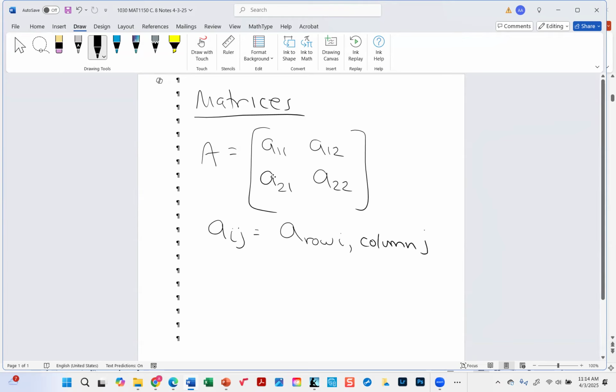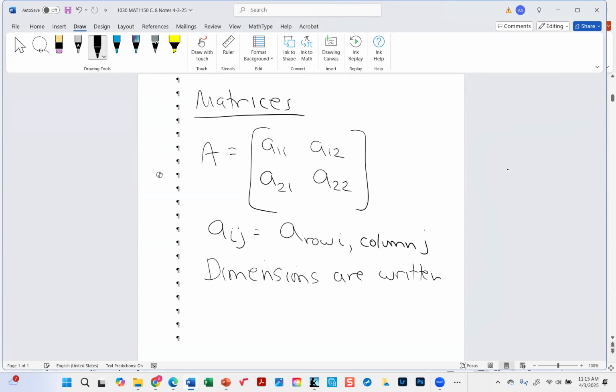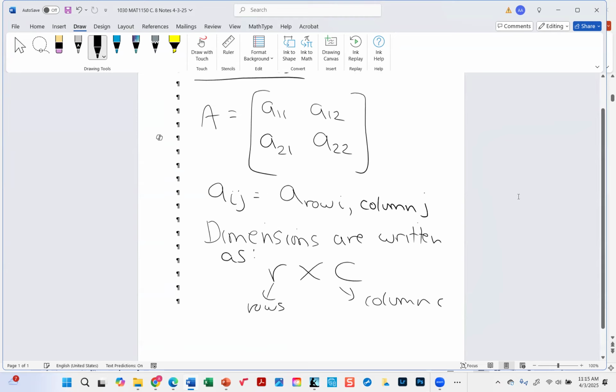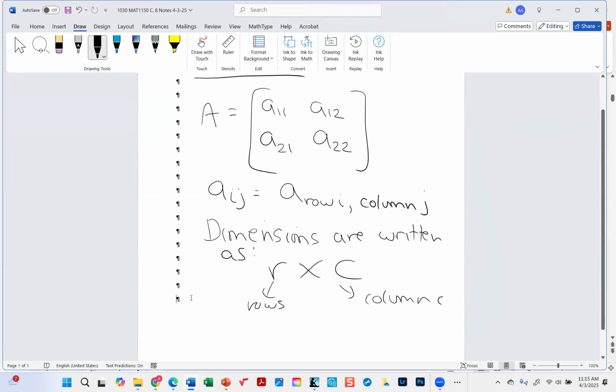So for example, this one in the bottom left-hand corner, A21, means that that's the second row and the first column. This one up here means the first row and the second column. The dimensions of this matrix are written as rows times columns, and in this particular example that I'm showing you, it would be 2 by 2. Okay, 2 rows, 2 columns.